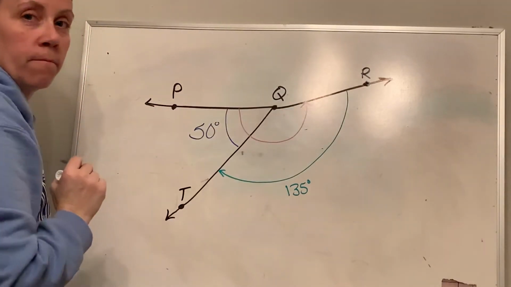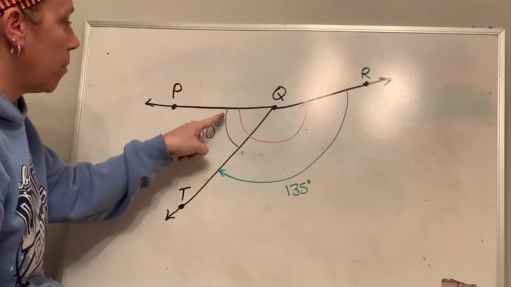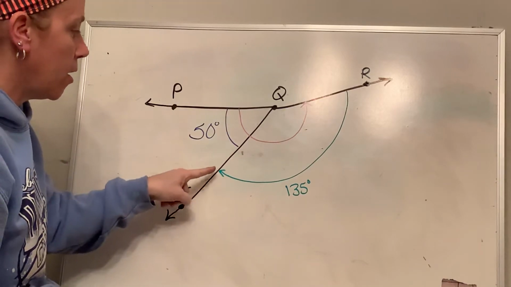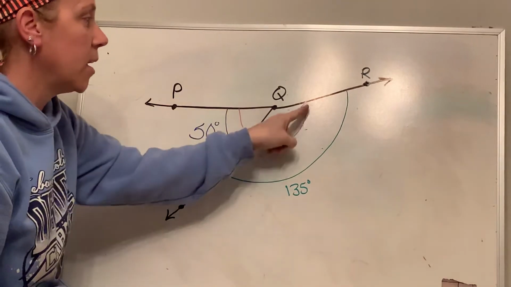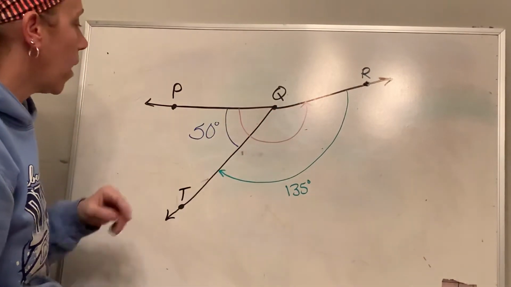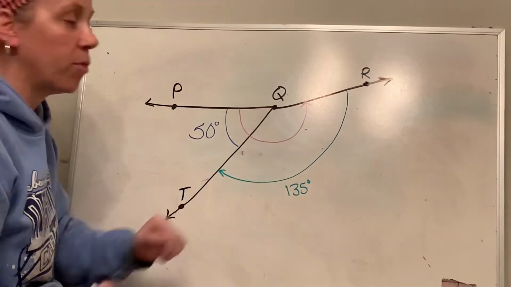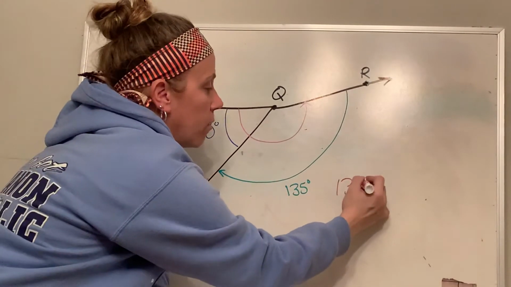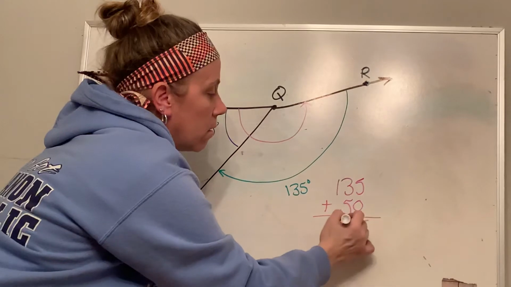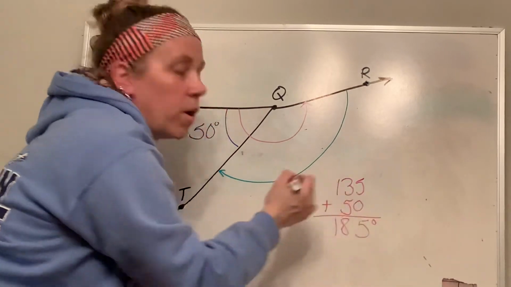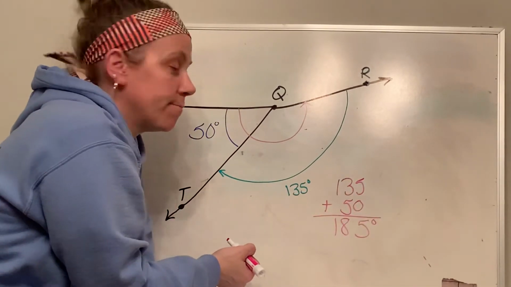So I want to know that angle measurement there, PQR. So if I know from here to here, and I know from here to here, in order to find the pink arc, what I need to do is add the 50 and the 135. So 135 plus 50, 185 degrees.